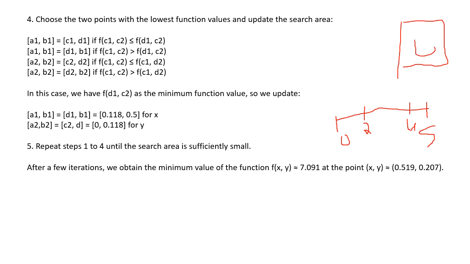So as you can see, we have minimized, we have come closer to the minimum value, and we update a1, b1, a2, b2, c1, c2 for x and y, and we repeat the steps until the search area is sufficiently small.